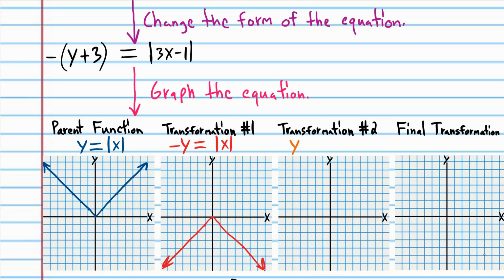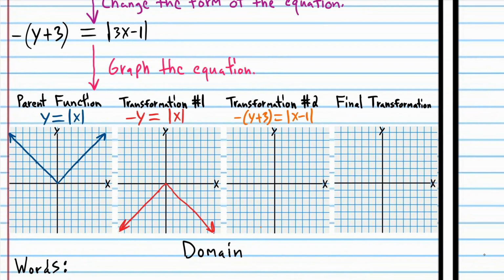So we're going to translate in the next step. So we're going to replace y with y plus 3, and we're going to replace x with x minus 1. And that moves the graph 1 unit to the right and 3 down. And we get the following graph.